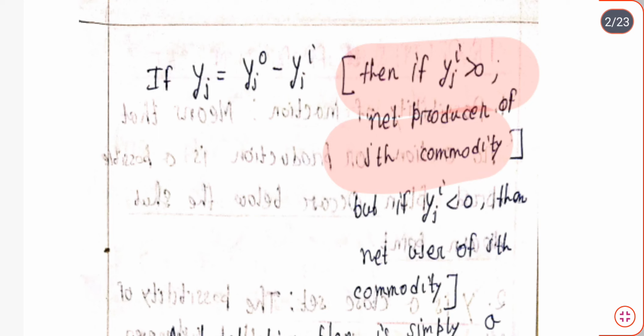That means the jth commodity will not go back into the production process again. The output will remain output and will not go in as input again. And if yj is less than 0, the jth commodity is used as a net user. That means the jth commodity will go back into the production process again.